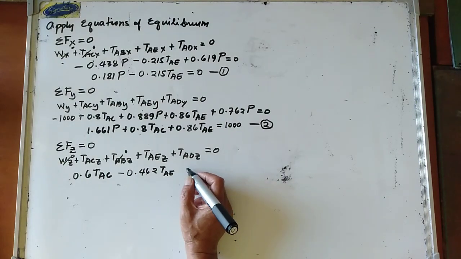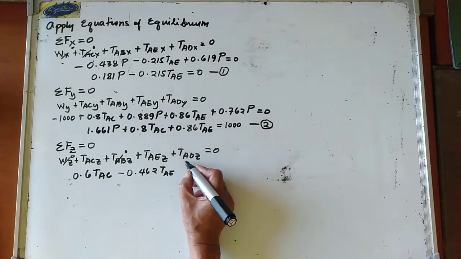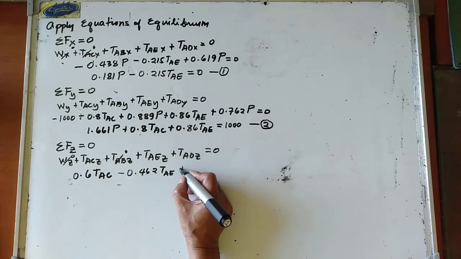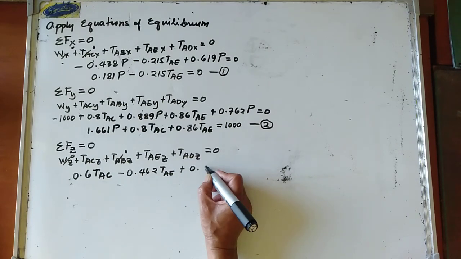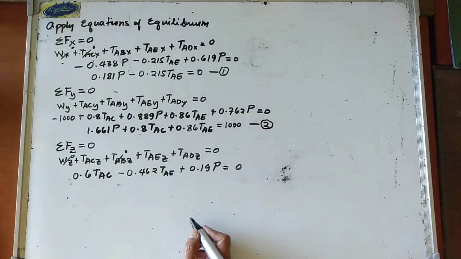And then we have TADZ is equal to 0.19P, and that one is equal to 0.